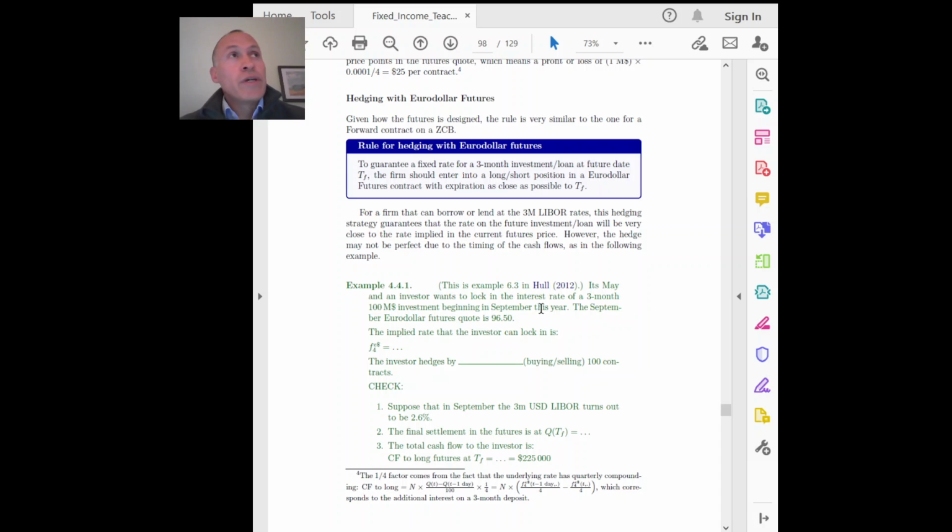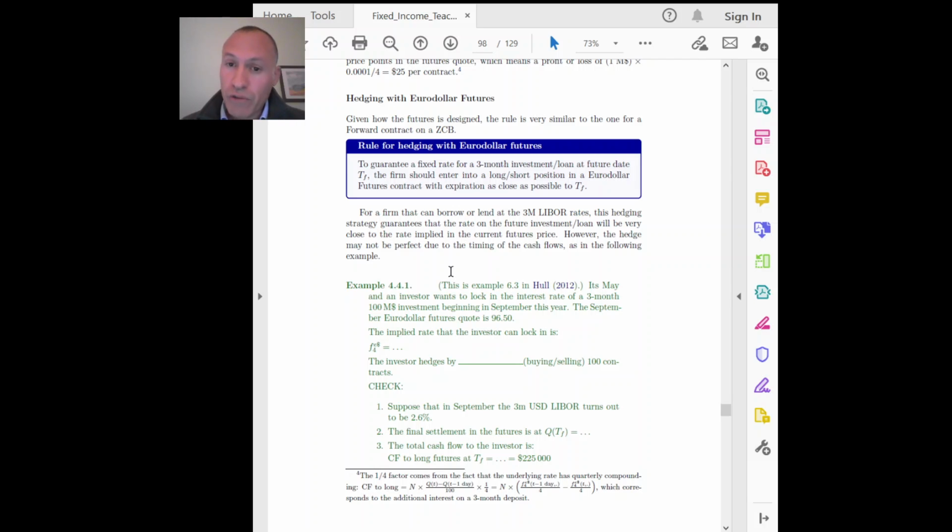For example, if I am going to invest money in the future, and I want to guarantee the rate at which I will invest, since making an investment is the same as buying a bond, what I want to do is to fix today the price at which I will buy the bond in the future, meaning that I will go long in the Eurodollar futures. Exactly the same reasoning as we did for a forward agreement in the previous section.